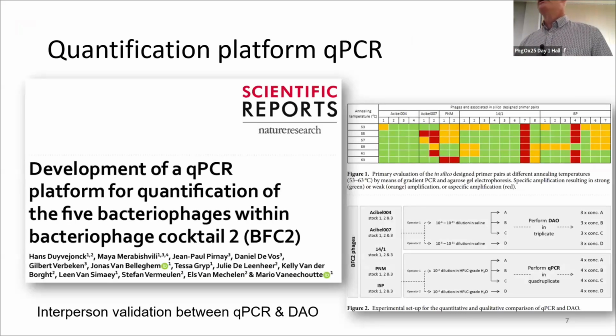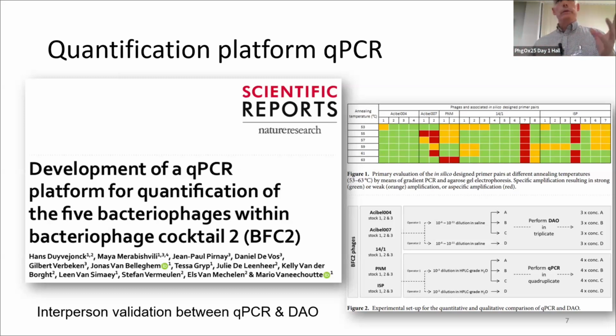We resorted to qPCR because we were really good in quantification by PCR. We have a lot of bioinformatic experience. And for the BFC2 cocktail, I always pronounce it wrong, from the military hospital, we designed a platform to get an accurate quantification of phages. And we also did interperson validations between the double agar overlay method and the qPCR method.